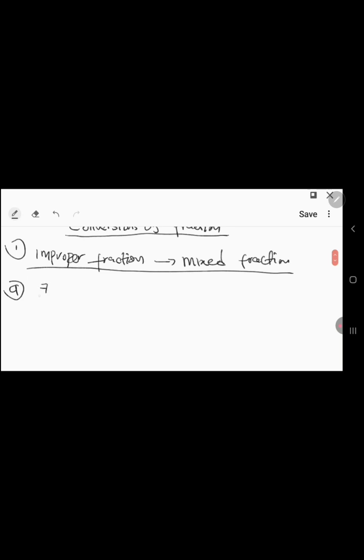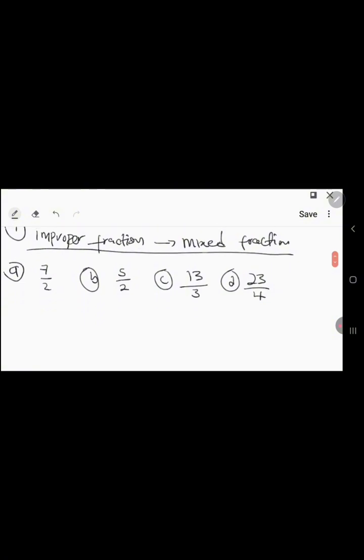For example, if we have 7/2, or we have 5/2, or we have 13/3, or we have so many of them, let's say 23/4.